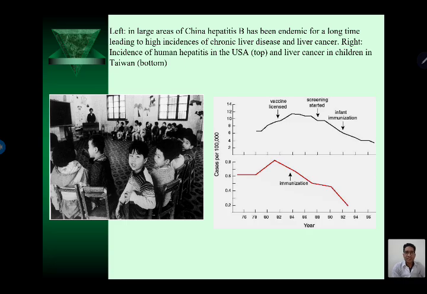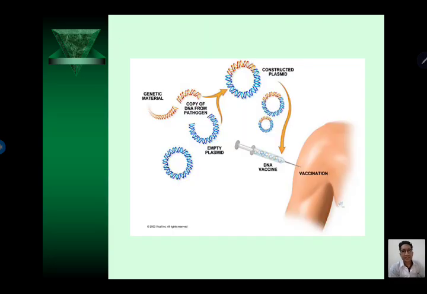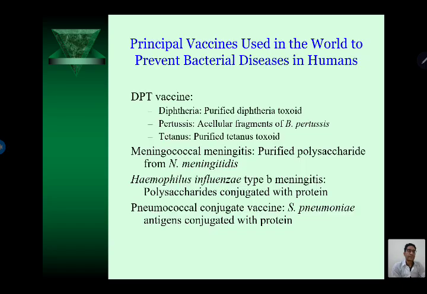You can see the cases per year are about 1 lakh per year; vaccine licensed, screening started, infant immunizations. So you can see it on the slide. The next one is genetic material, a copy of the DNA from the pathogens, constructed into a plasmid, an empty plasmid, DNA vaccines, and the vaccination is given in the deltoid muscle.